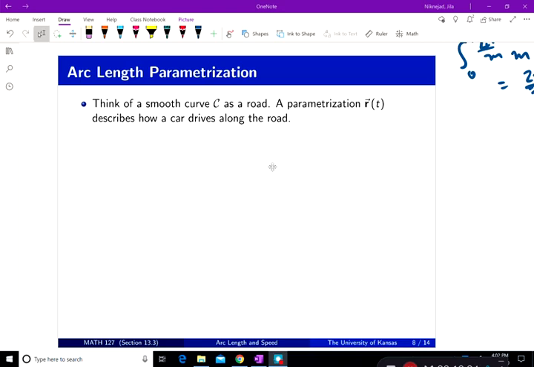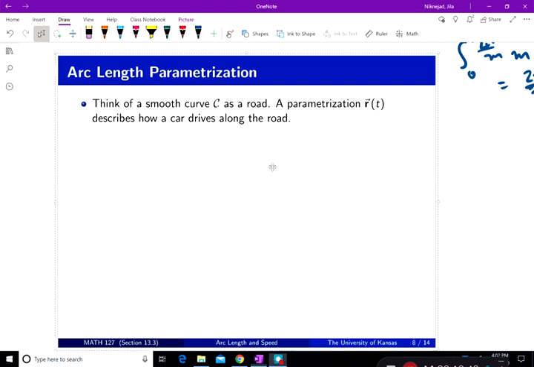We use that s of t and parameterize functions using that s of t, because then some of the extrinsic parts of the parameterization go away, and that's the parameterization that is intrinsic. It's the natural parameterization of the curve.